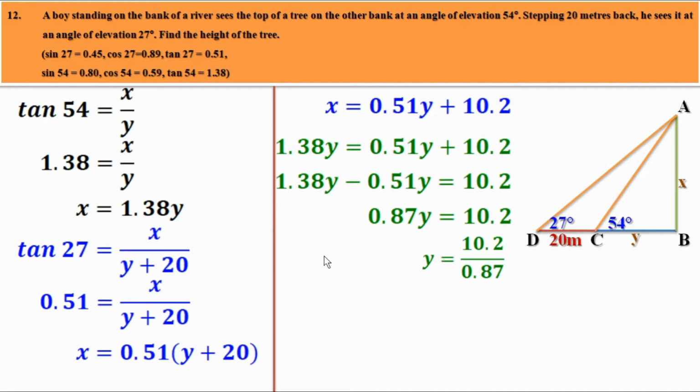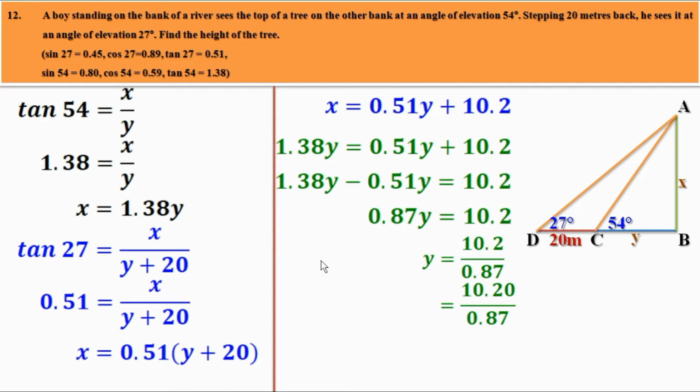Now we have to divide it. In the denominator, there are two digits after the decimal point, but in the numerator, there is only one digit after the decimal point. So let me put a 0 in the numerator. So that is equal to 10.20 by 0.87.